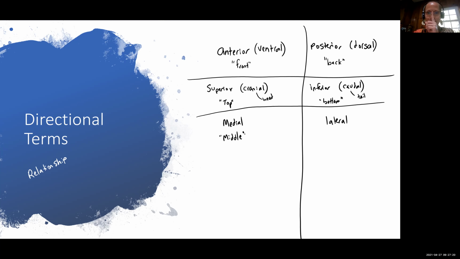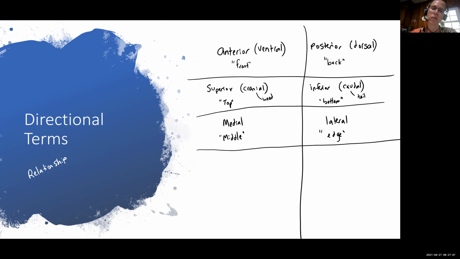So think of your nose, your sternum, your belly button. These would all be medial points on the body, middle points of the body. And then for lateral, let's do the edge. Here you could think of your ears, your shoulders, right? So the outer edges of the body.